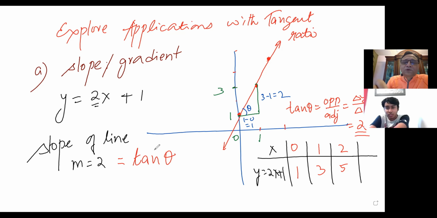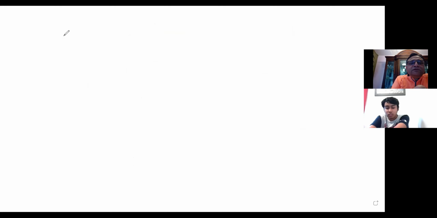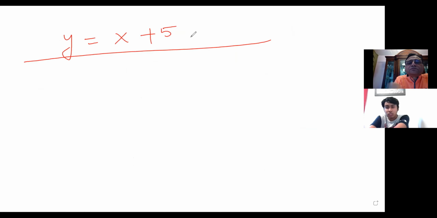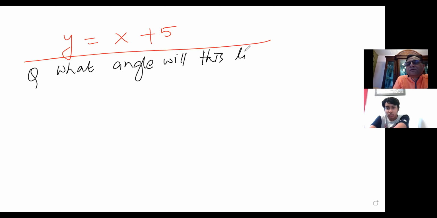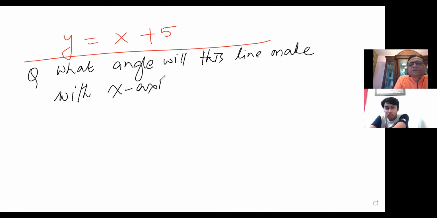Let's explore this particular concept in more detail. Let us say we have a line y equals x plus 5, right? Now the question here is, what angle will this line make with the x-axis?